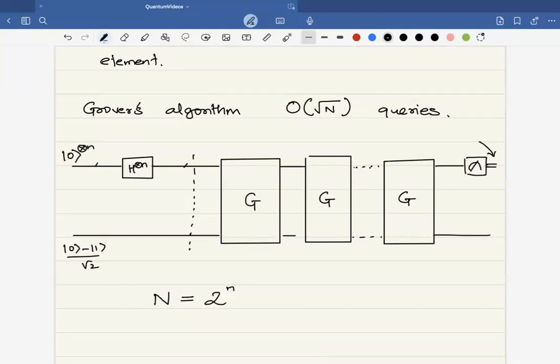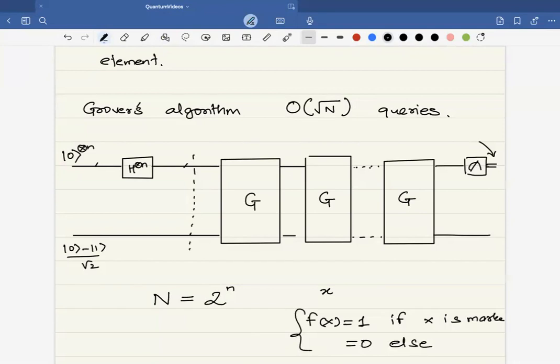All right. Now, we need a sort of a quantum version of the query. And in the classical case, we can say that if x is an element which is marked, then there is a query function f of x equal to 1 if x is marked and equal to 0 if it's unmarked, right?